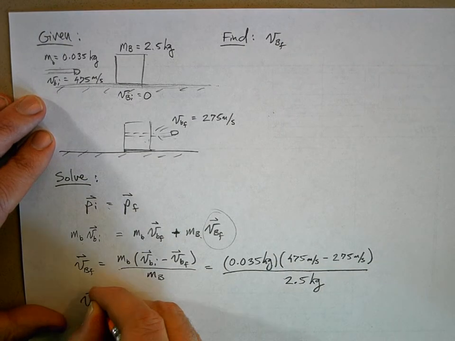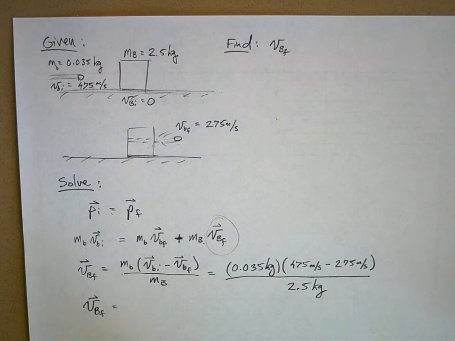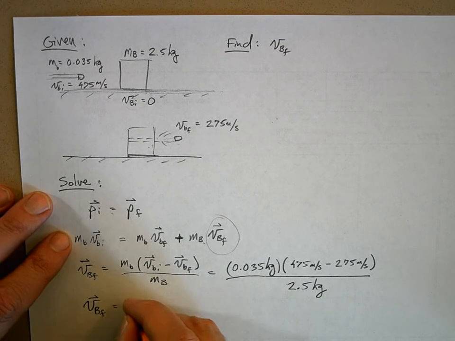Get your calculator out and do that. You would need a calculator for that. And I think you should get 2.8 meters per second if you round it off.